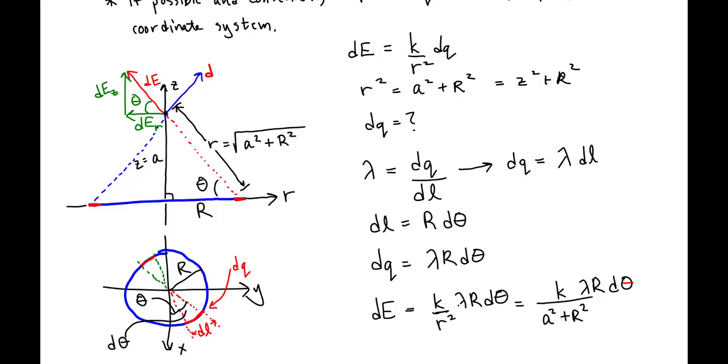And I'll just put a prime on this one to specify that it's due to another charge, due to our mirror charge. I'll just call our mirror charge dq prime. And the thing is, dq prime is equal to dq. I am just using the prime to signify that that is our mirror charge element.